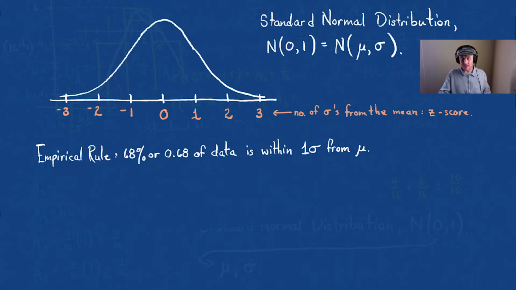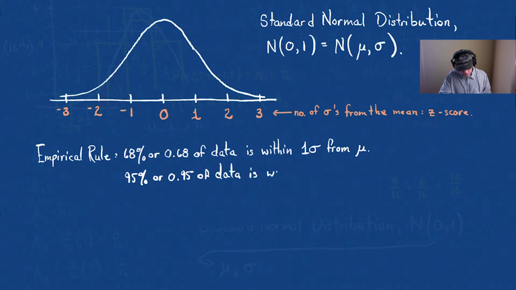And then it continues. It says that if you were to go to 2 standard deviations on either side, that would be 95%, or 0.95 of data is within 2 sigmas from mu.